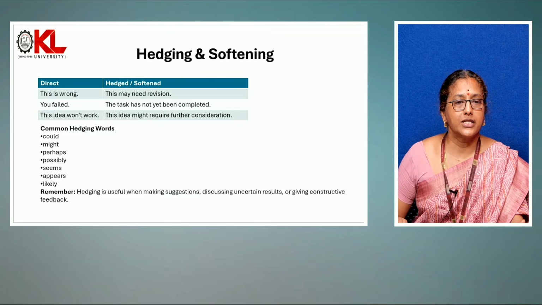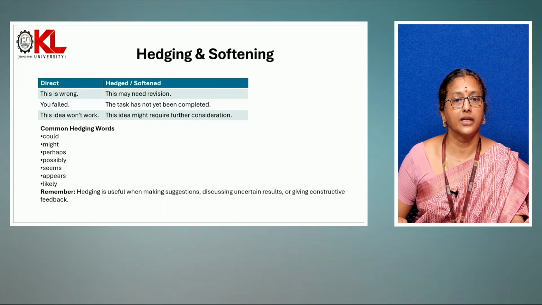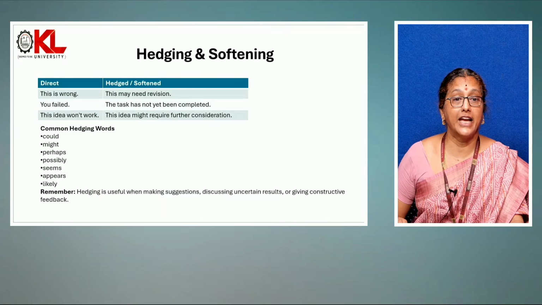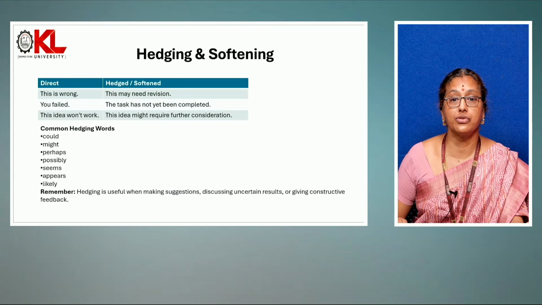Common hedging words like could, might, perhaps, possibly, seems, appear can be used to make the sentences appear more polite. Remember, hedging is useful when making suggestions, discussing uncertain results, giving constructive feedback.